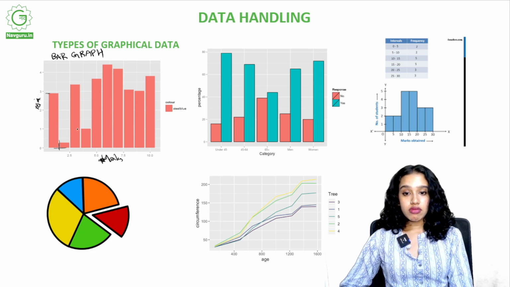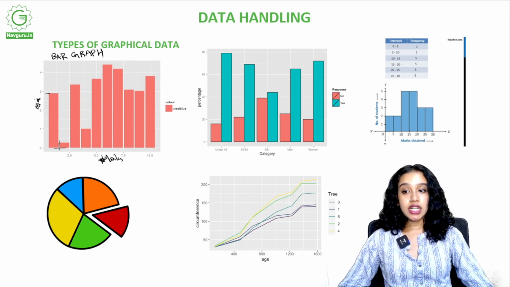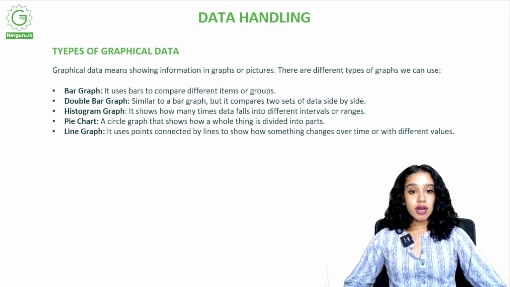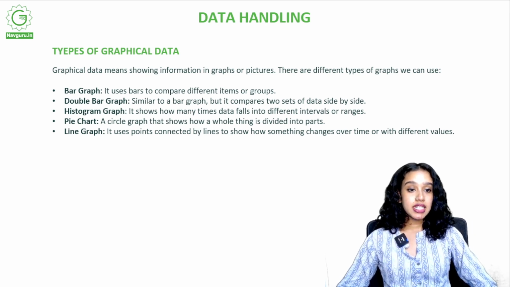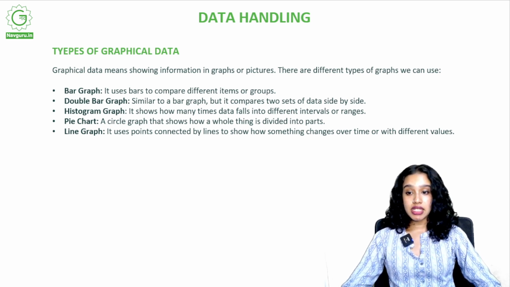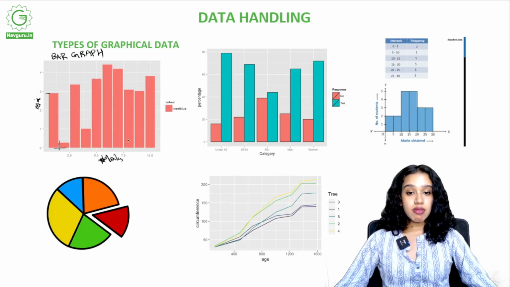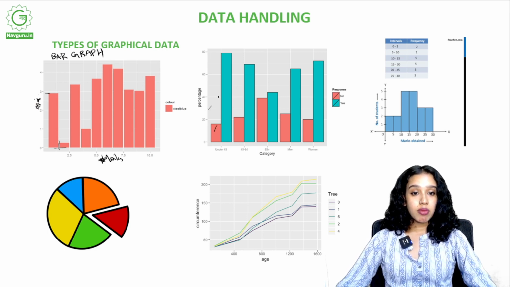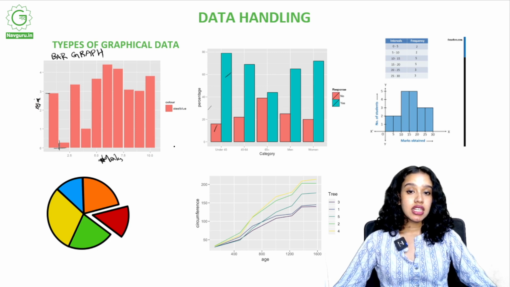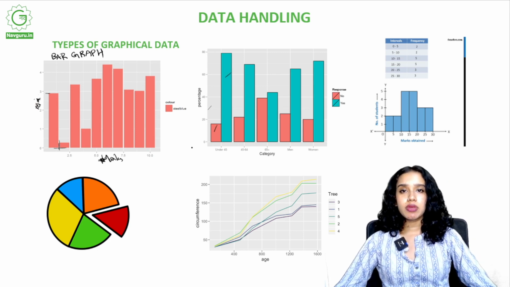Now, let's talk about the double bar graph. A double bar graph is similar to a bar graph, but it compares two sets of data side by side. Here we were just having marks and number of kids, whereas I am including some other quantity here. I have marks, number of kids, and this is their previous semester mark.